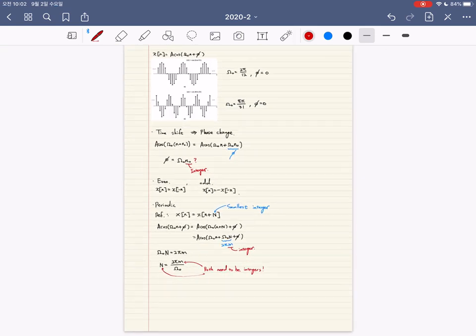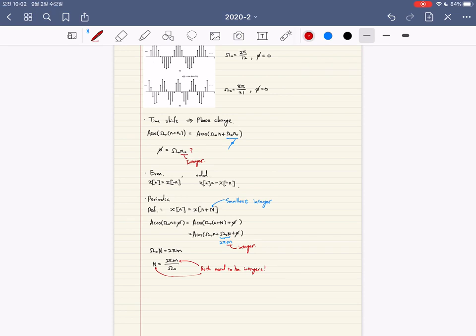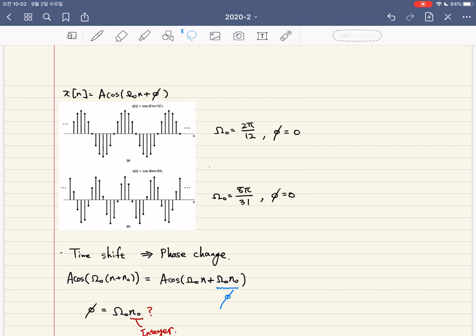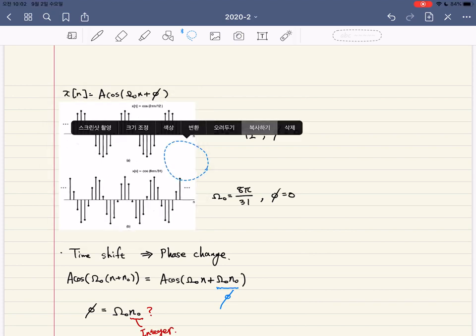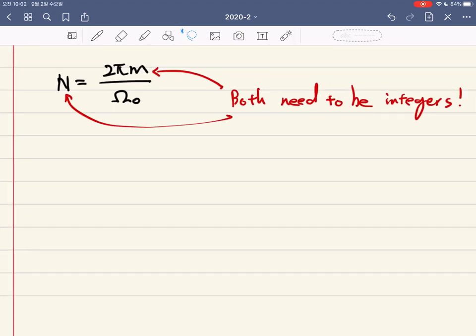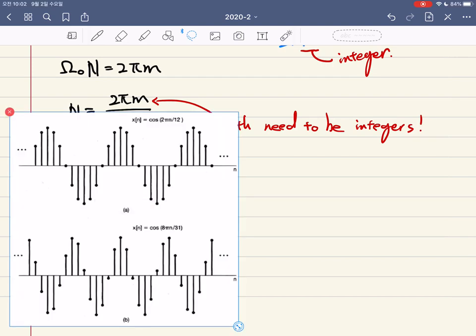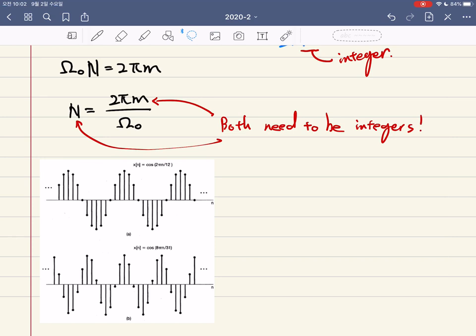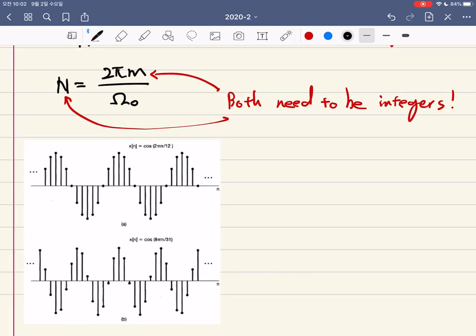And I would like to use this figure one more time. With the first example, we already know that omega 0 was 2 pi over 12.